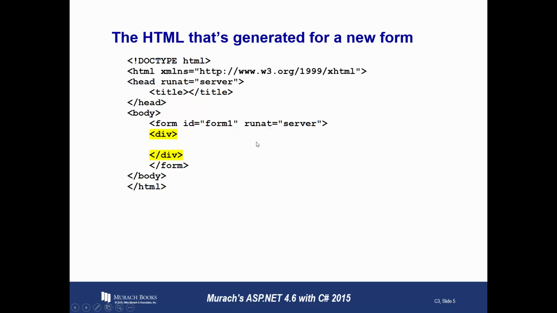When you create a brand new empty project, this is all that gets generated right here. You saw this earlier. All right? There's no title put in it. There's no links to any external CSS files, etc. There's none of that stuff. Now, you should know what the doc type already means.